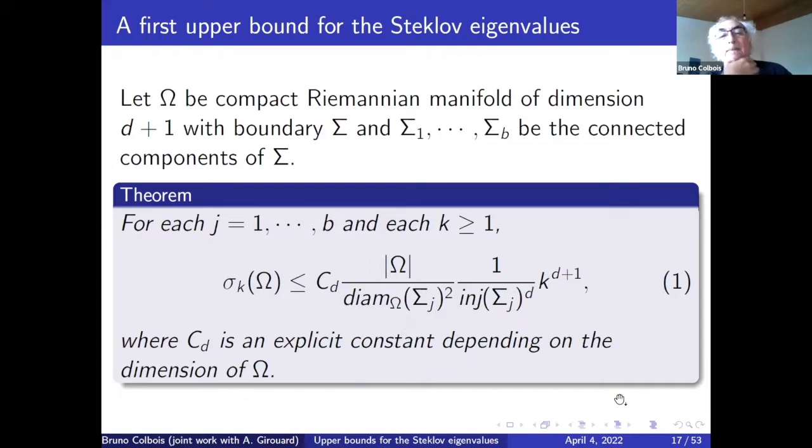So, of course, when you use, as we do, a geometric method, you cannot hope to have a sharp inequality in the sense where there are equality cases, for example. It's certainly not the right method to do this, but a very natural question is to ask if all the quantities coming into the inequality have to be there.